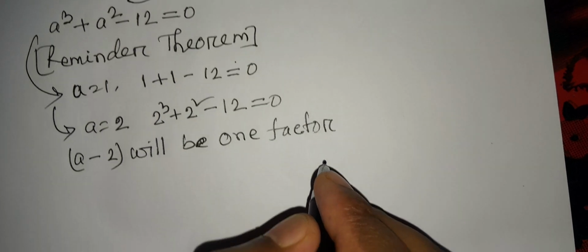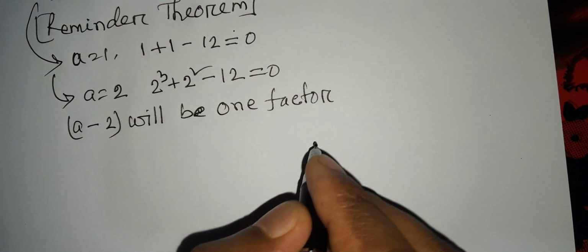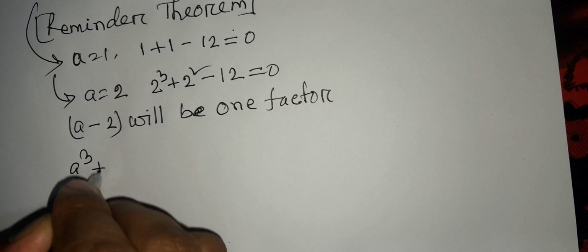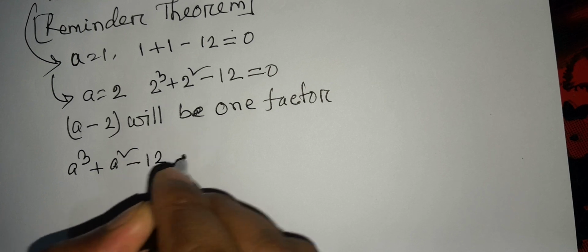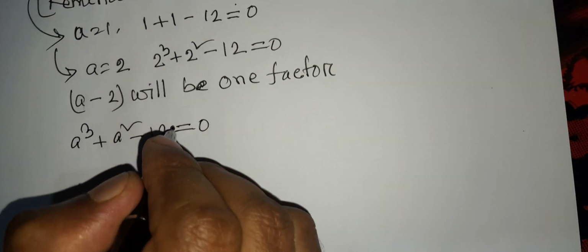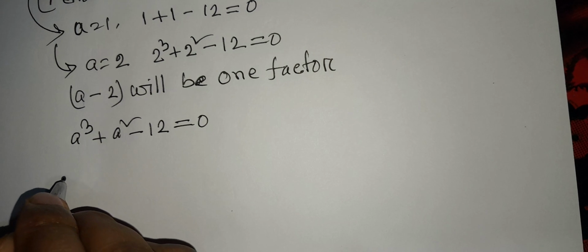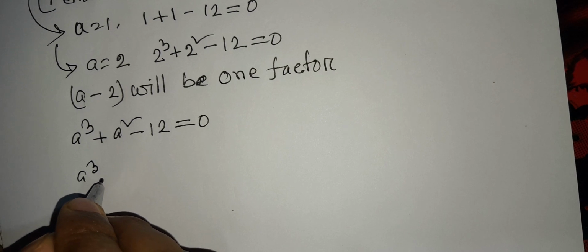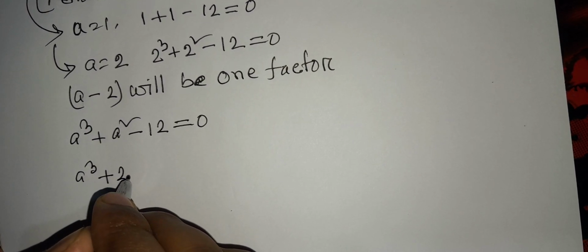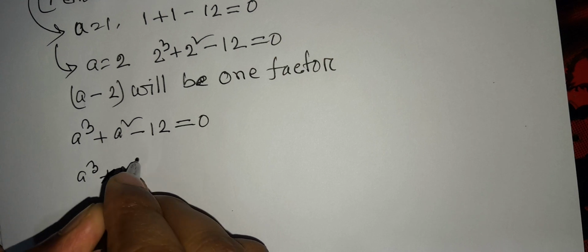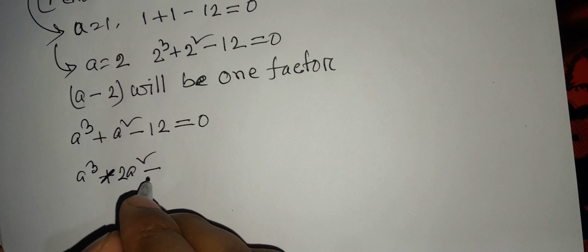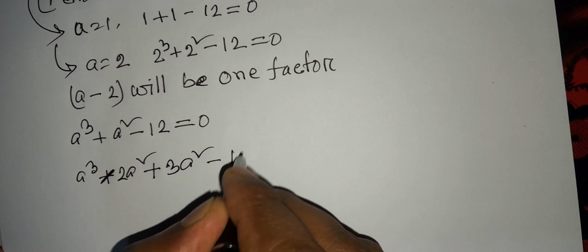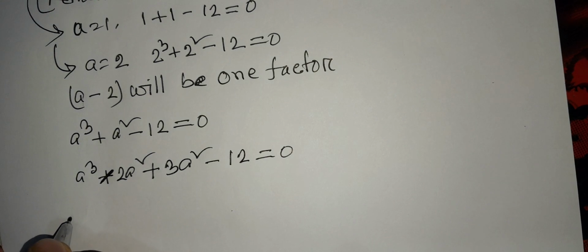Okay, next we can write a cube plus a square minus 12 equal to 0. So we can write a cube minus 2a square plus 3a square minus 12 equal to 0.